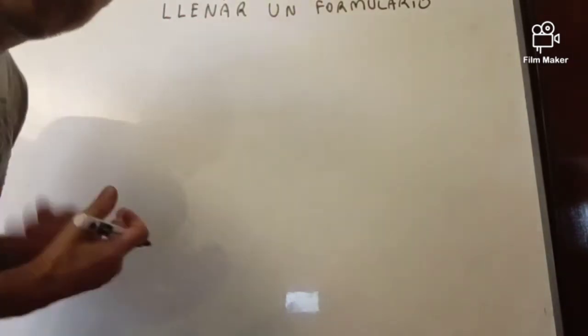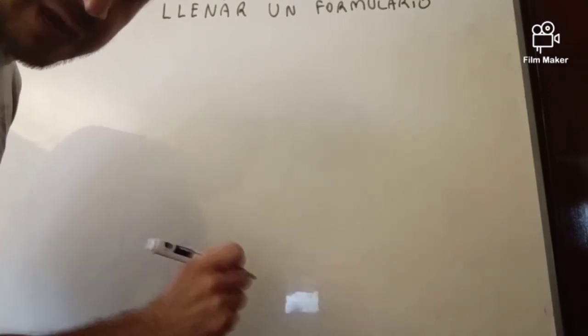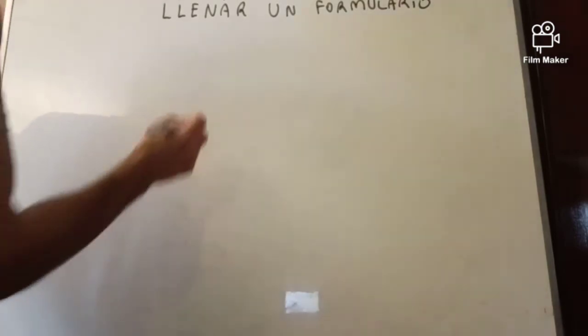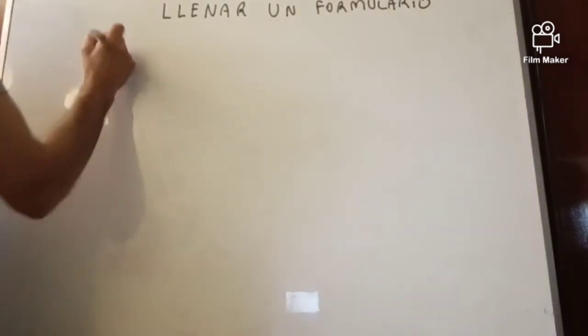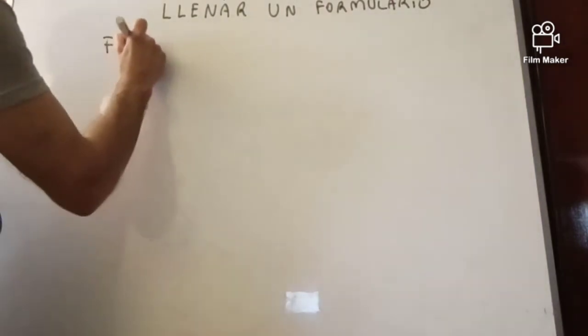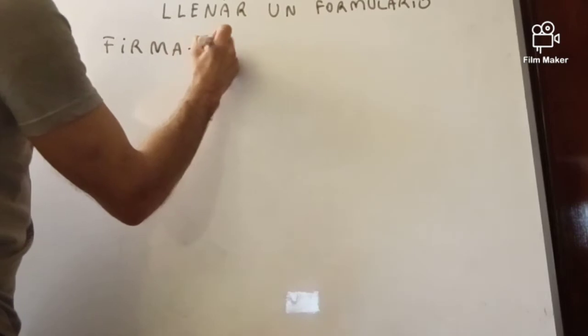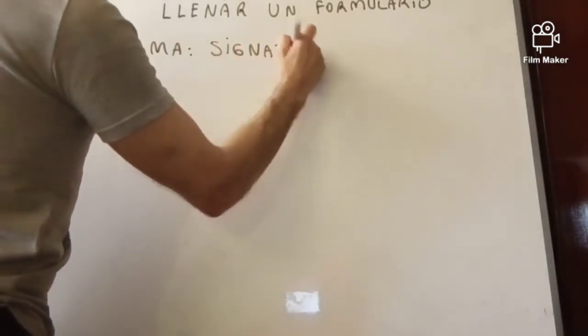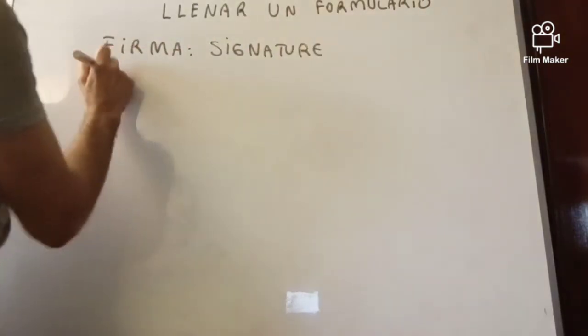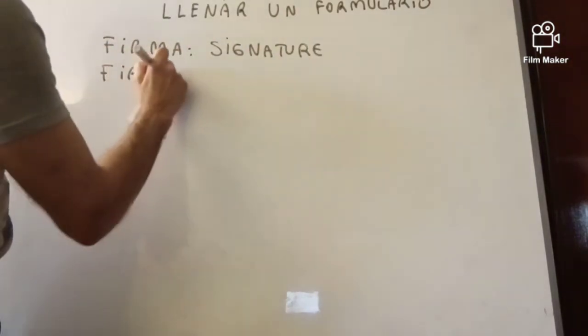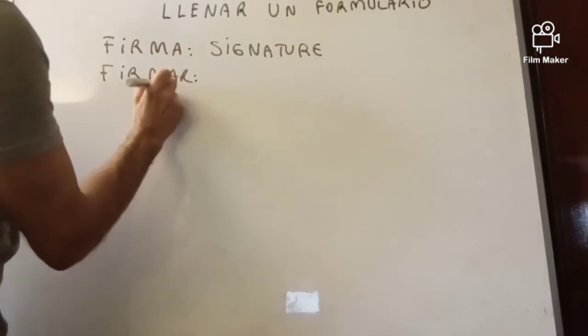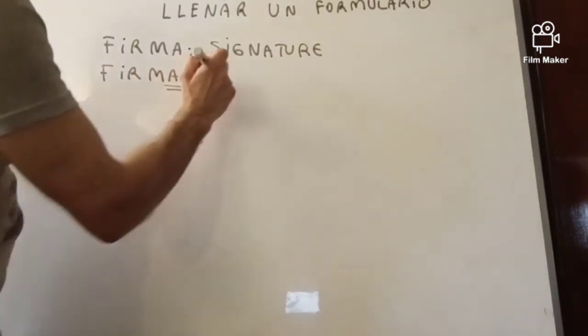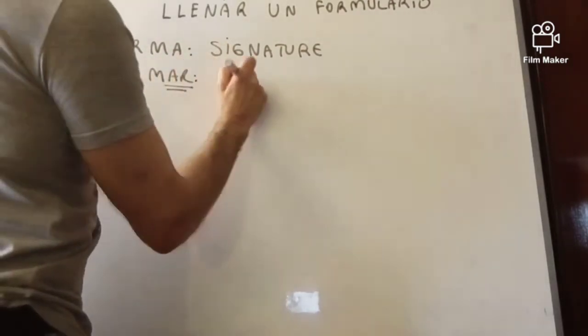Once we have filled in this form, we have to sign, to write our signature. This is firma, means signature, and the verb is firmar, again of the first group. So firmar means to sign.